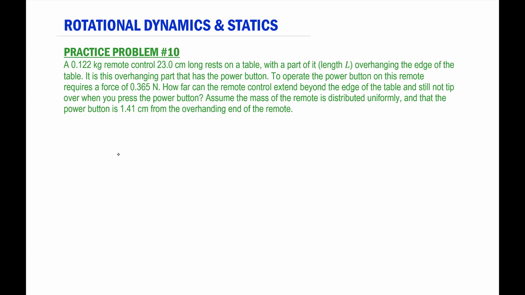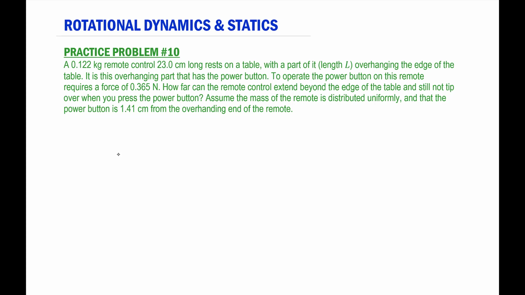We also know that the remote must have an overhang of L. And this also means that we need to consider the value of XCM and where that is in relation to L and B. The total length of the remote is 0.23 meters because it's 23 centimeters.